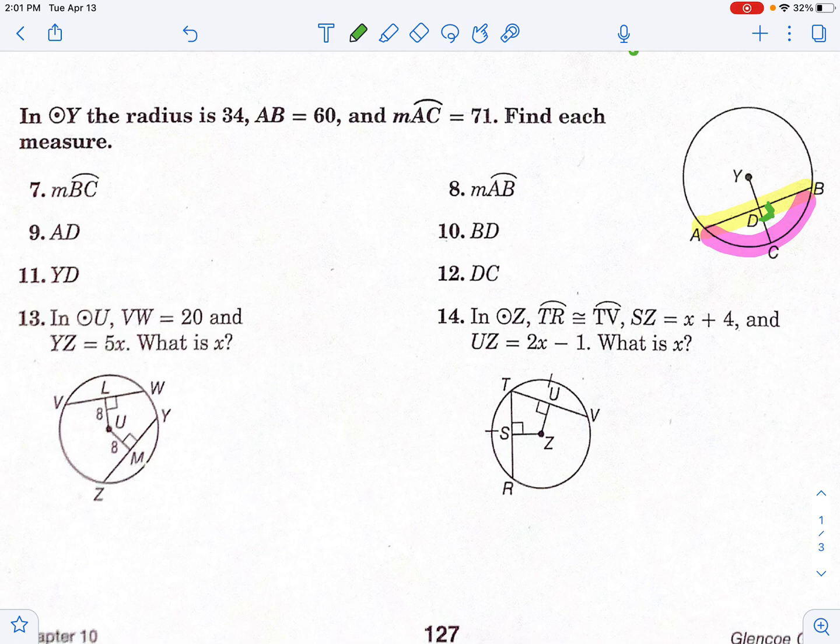Now it says here in the given that the measure of arc AC is 71. So if AC is 71, CB is also 71. And the measure of arc AB is simply going to be 71 plus 71, which equals 142.